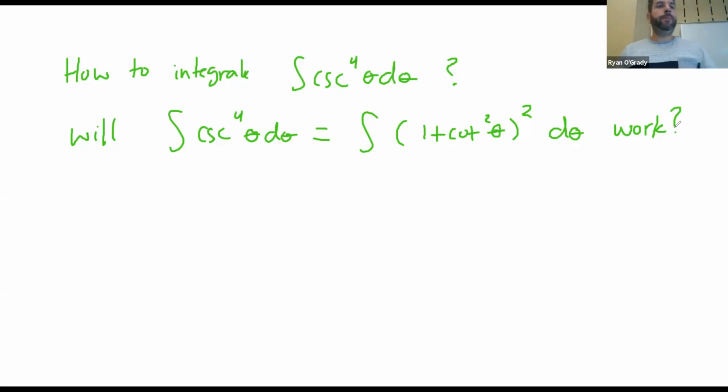And right away, that's the only one I can think of. So then I say, okay, if I multiply this out, will this work? But then it might seem like I'm in a similar predicament, because if I couldn't integrate cosecant to the fourth, if I multiply this guy out, I'm going to have to integrate cotangent to the fourth, right? And then I might not understand exactly how I want to handle that.